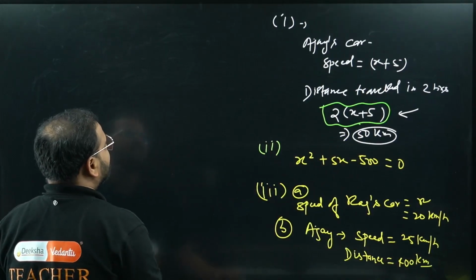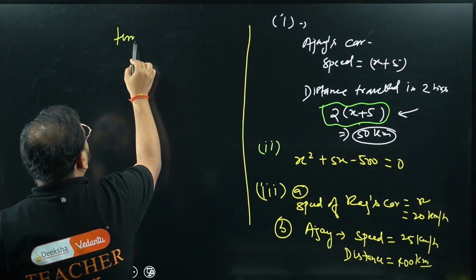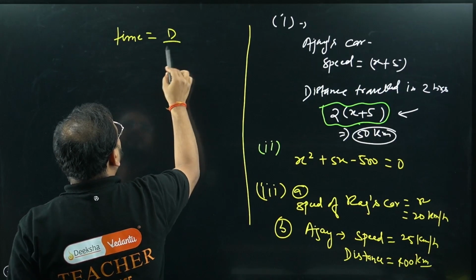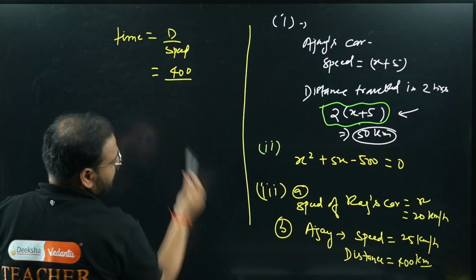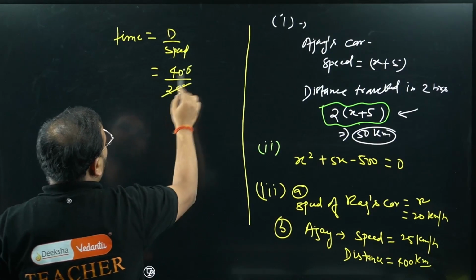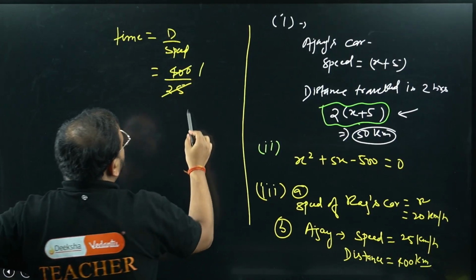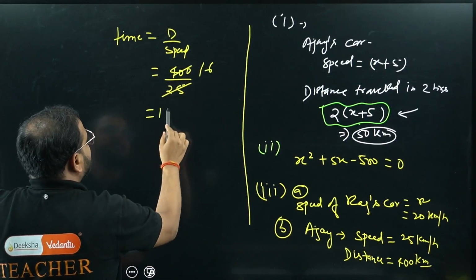They're asking the time, so time will be distance by speed. 400 by 25, so that's 16 hours.